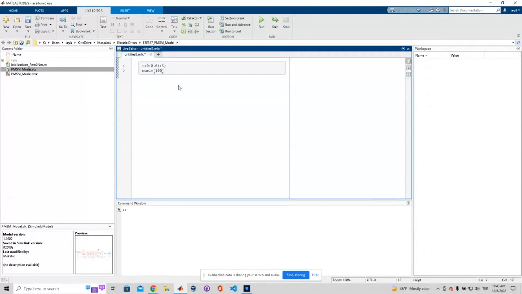First one, let's say 100 to 1000, right? So denominator 1. We can use one denominator for both systems, so you can just define one.